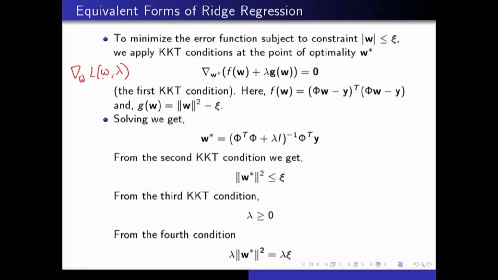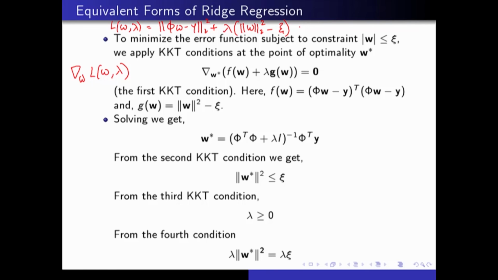Now what is this Lagrange function? Well, L of W comma lambda is nothing but norm of phi W minus y, squared, plus lambda times norm W squared minus xi.